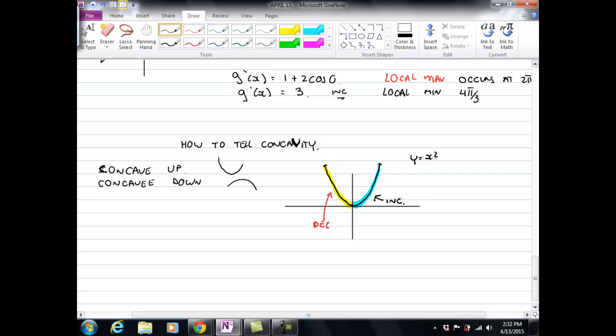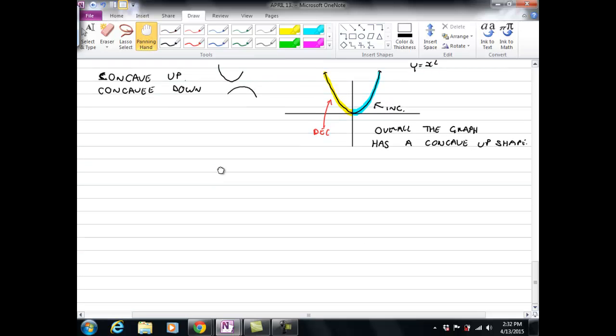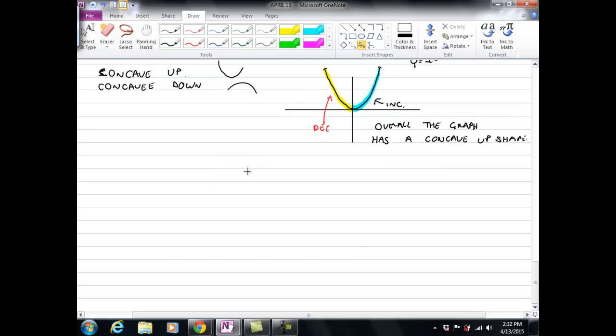But overall, the graph has a concave up shape. Overall, the graph has this concave up shape. Very simple concept. But if I were to give you this question, draw the graph up.